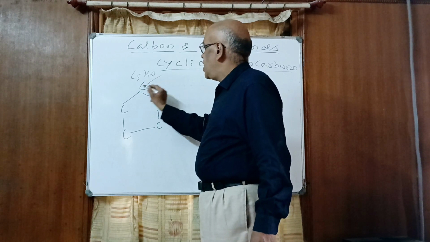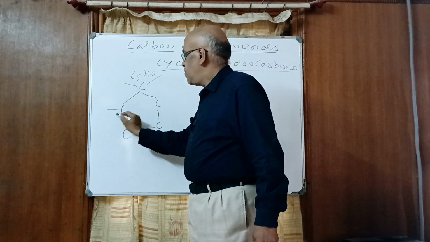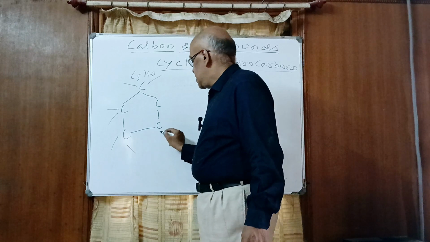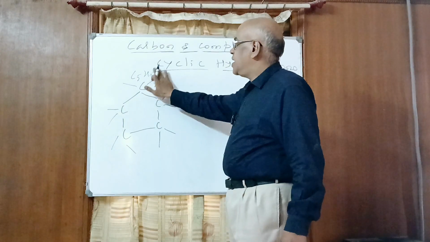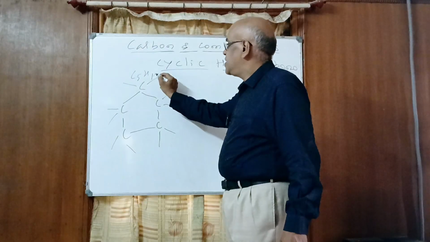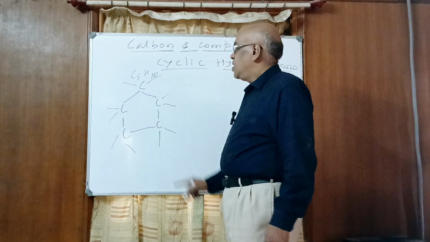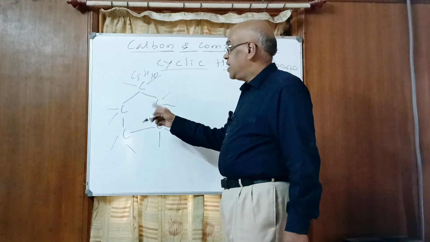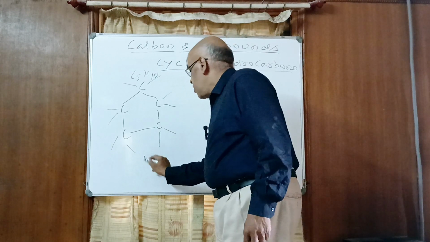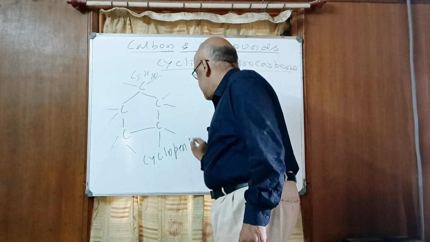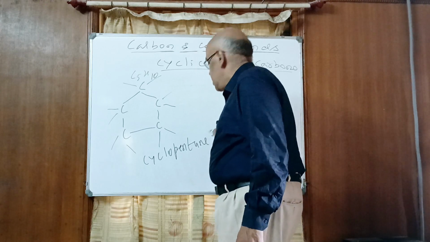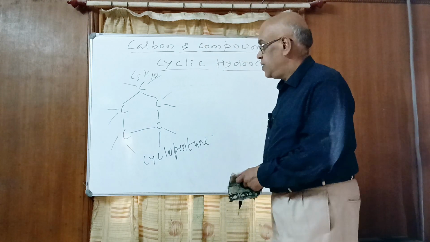Because 1, 2, 3, 4, 5, 6, 7, 8, 9, 10. Yes or no, children? C5H10 is the formula. What is the name of this compound? There are 5 carbon atoms. Cyclopentane. Yes or no, children?